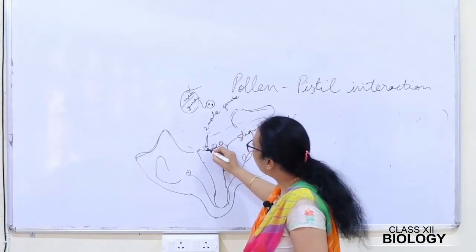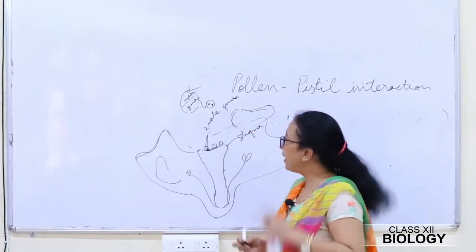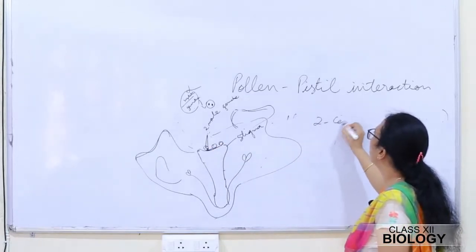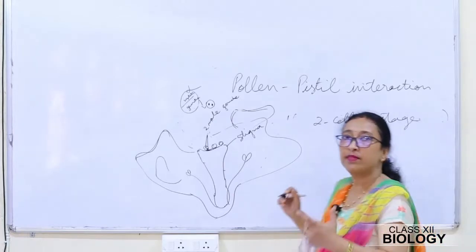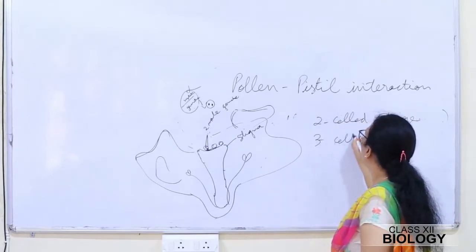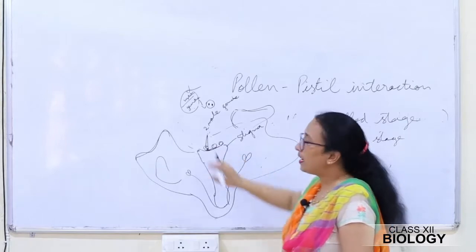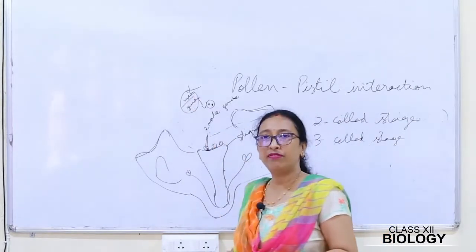Sometimes pollen will fall at the two-celled stage, and sometimes it will follow the three-celled stage. What is the three-celled stage? That means there are the two male nuclei and a remnant of the vegetative nuclei.